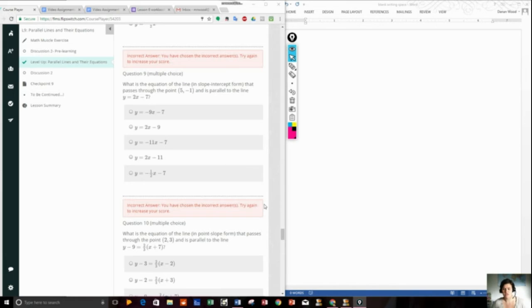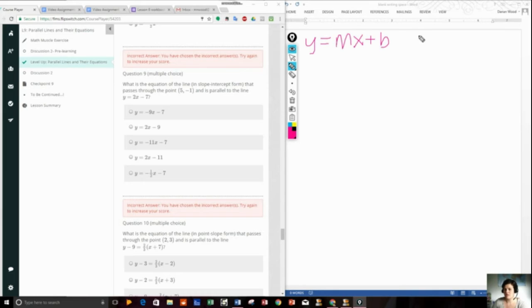What is the equation of the line in slope-intercept form that passes through the point 5, -1 and is parallel to the line y equals 2x minus 7? Okay, so we want an equation in slope-intercept form. So we have y equals mx plus b.